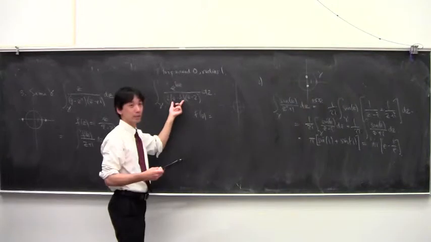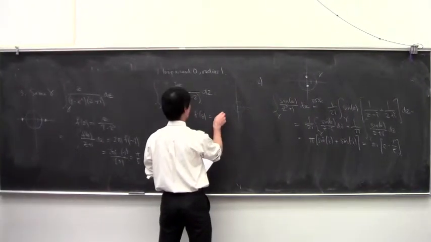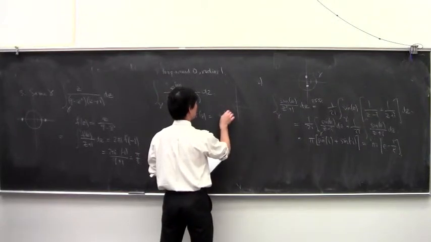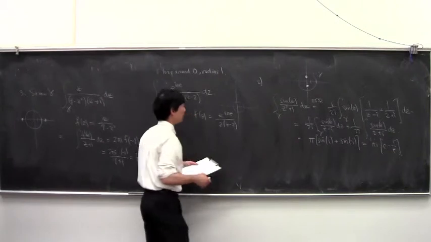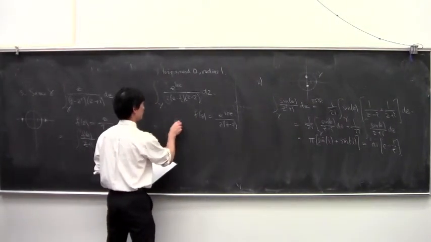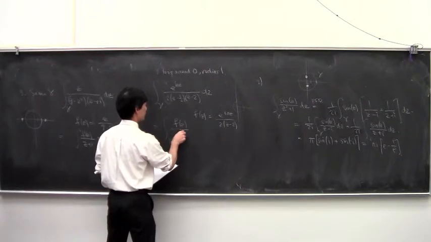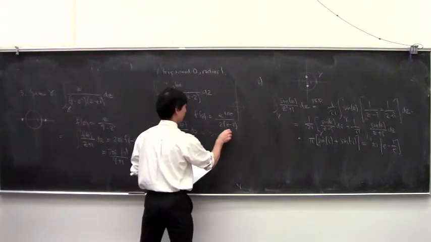But if I put this thing in, it's not going to be analytic. So I'm going to take this over z minus 2 as my function. I rewrite this as f of z over z minus a half dz, and so it ends up to be 2 pi i f of a half.